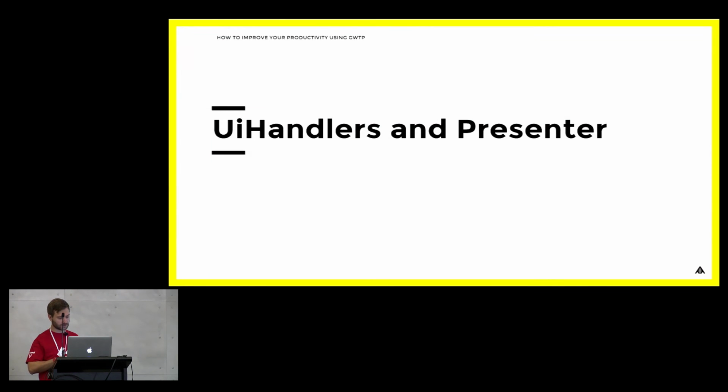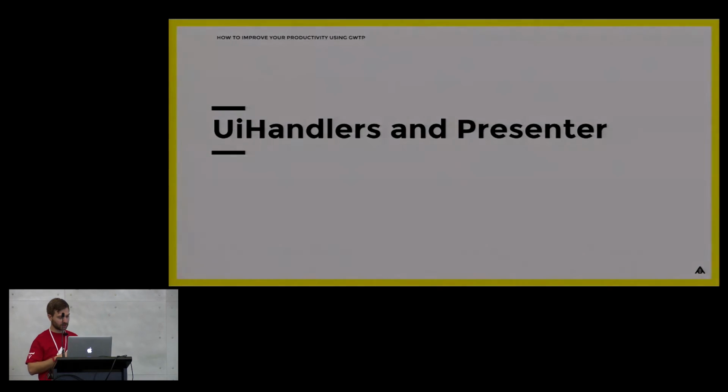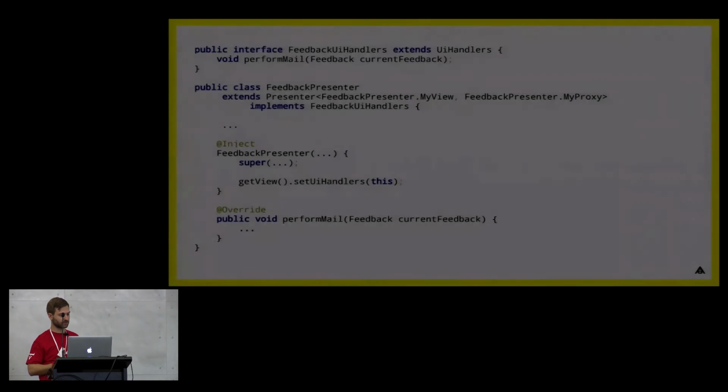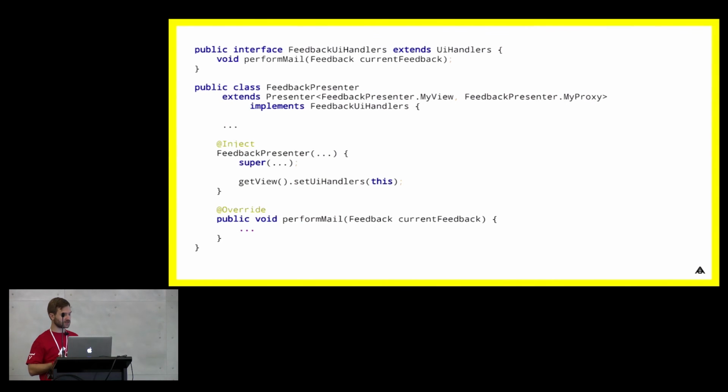So I'll show you a little bit more code for UI handlers and presenter. The way it's used in GWTP is that you have an interface, say called FeedbackUiHandlers, that extends UiHandlers in itself. So performMail, maybe not the right word, but it's more like an on-click perform something.